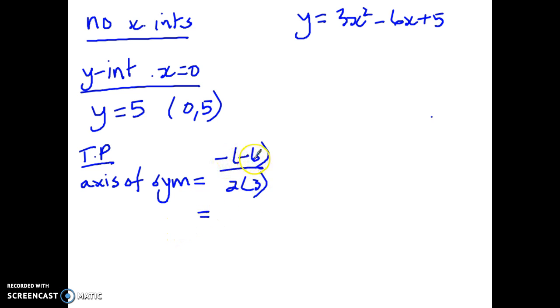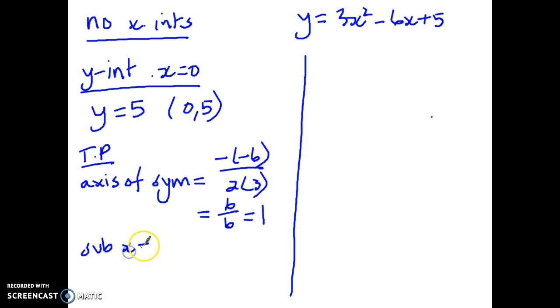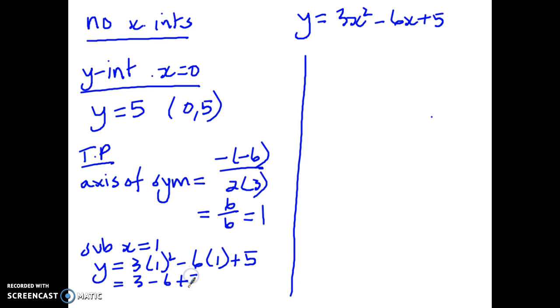So I'm going to have minus 6, which is positive 6 over 6 equals 1. Substitute x equals 1. I get y equals 3x squared minus 6x plus 5. 3 take 6 plus 5 is 2. So my turning point when x is 1, y is 2. And that's all I need now to be able to sketch my graph.